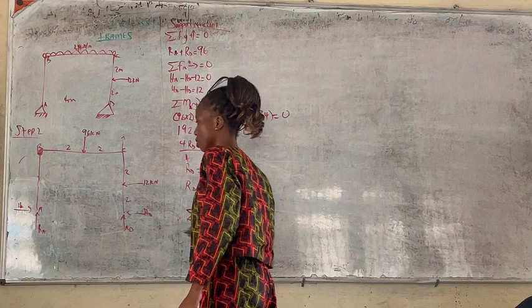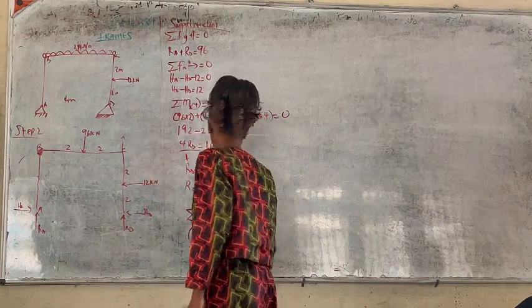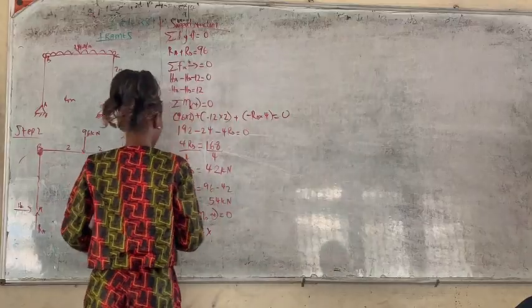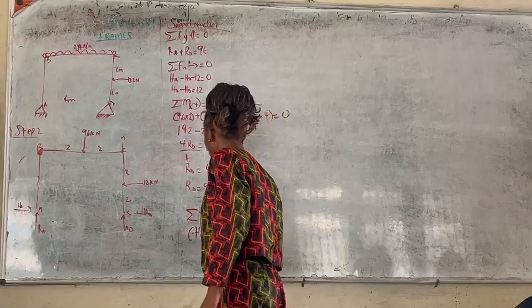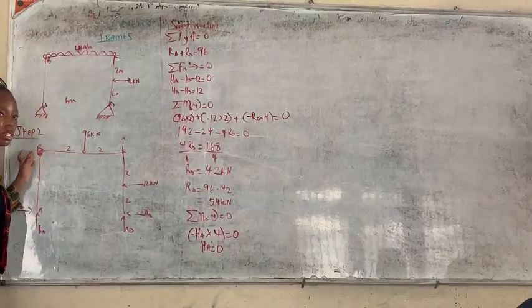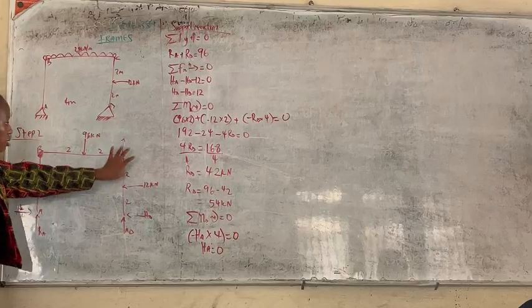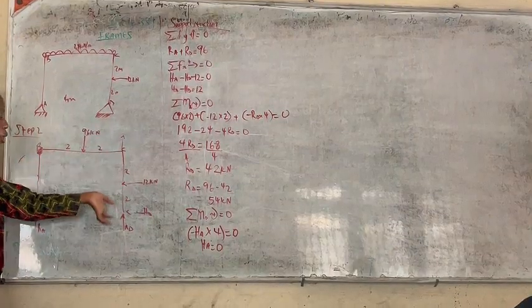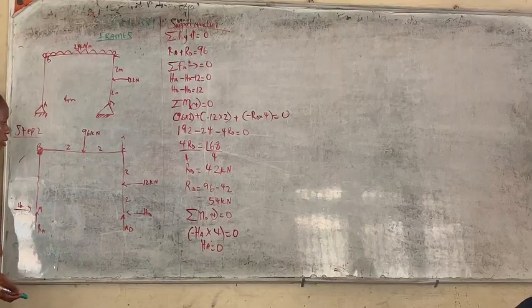So I'm going to have what? HA, negative HA times 1 length times 4 is equals to what? 0. So our HA is going to give us what? The HA is not here, so we can't consider this. And there is not any internal hinge that would say we consider this. You get?